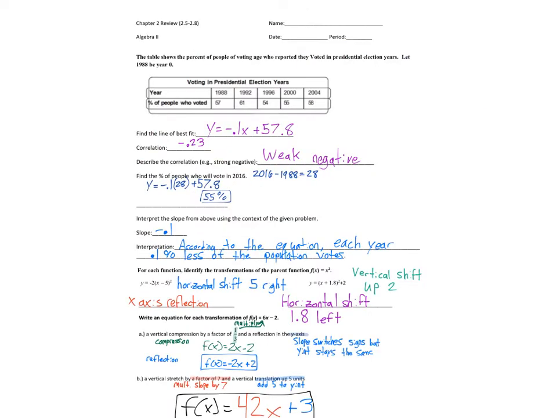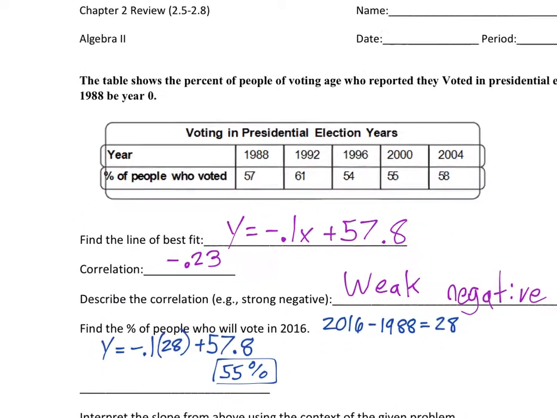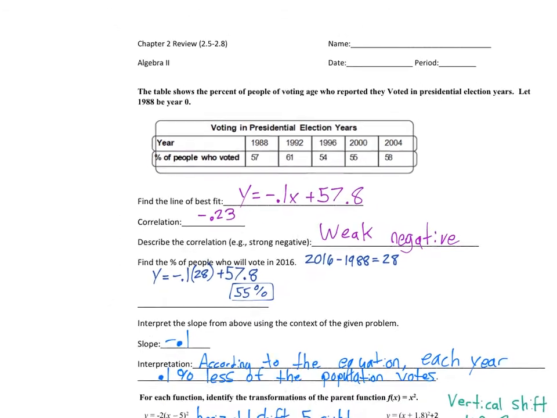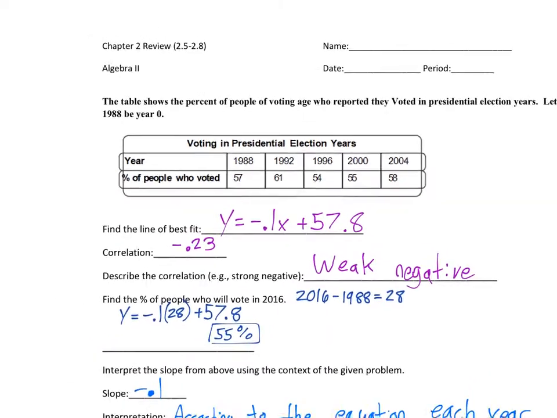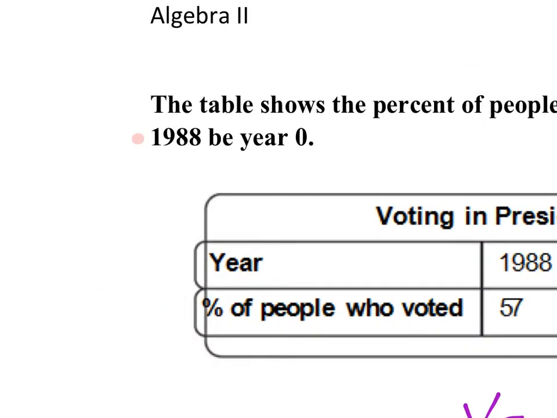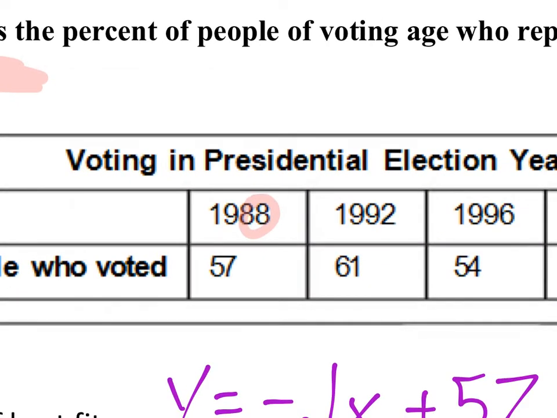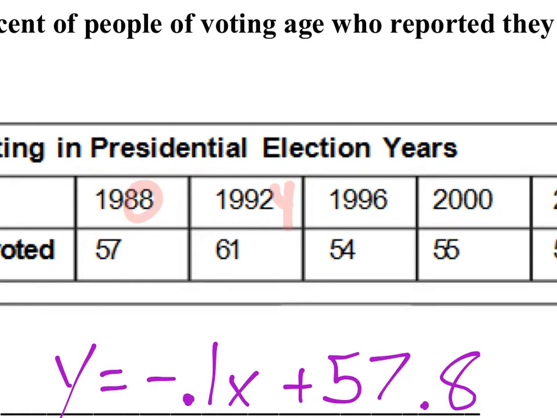All right, so this is using the calculator. The table shows the percent of people voting age who reported they voted in the presidential election for the following years. Key component, let 1988 be 0, which really means here when we're entering in, this is year 0, and then this would be year 4, right?